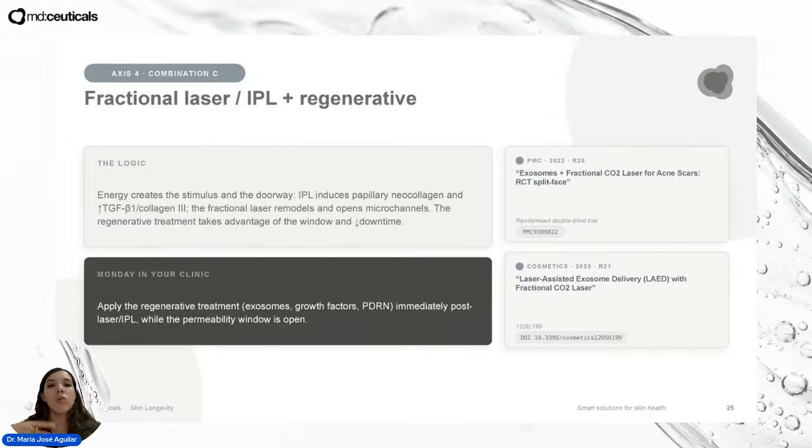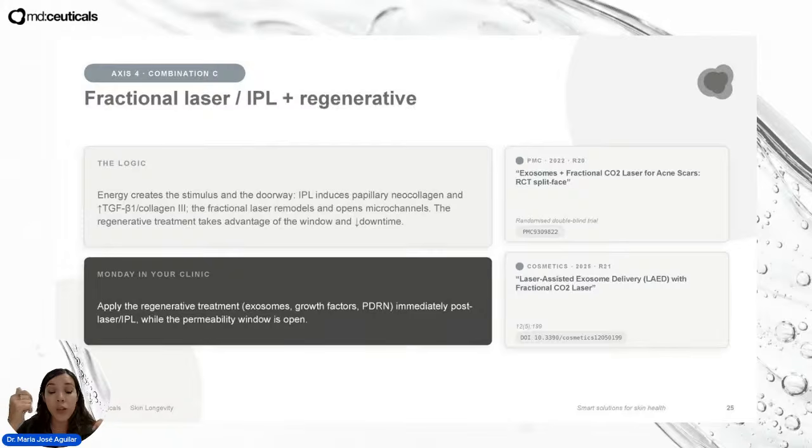Another treatment that is between this line of anti-aging and longevity are the EBDs, all the energy devices that we have in the market, or the energy devices that you use. And in these specific treatments, the recommendation is recovery. Which treatments recover? Exosomes, growth factors, and PDRN.